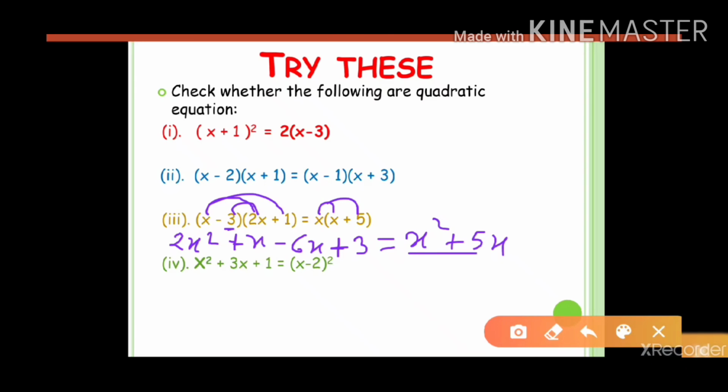Now we transfer all these terms to LHS. We get 2x squared plus x and minus 6x, it becomes minus 5x plus 3.